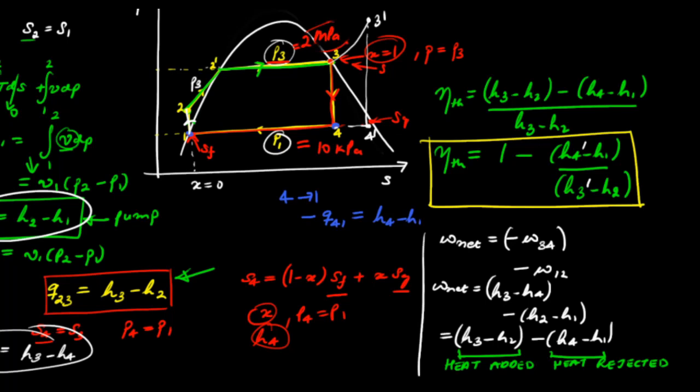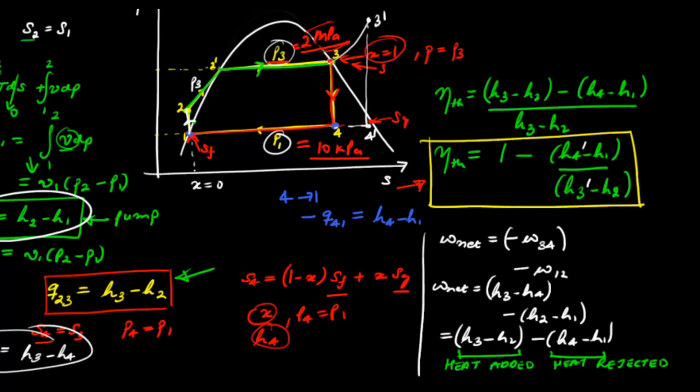If you are asked to calculate the efficiency of this basic Rankine cycle, that is 1 to 2, 2 to 3, and 3 to 4 and back to 1, and you are given that the boiler pressure is 2 megapascal and condenser pressure is 10 kilopascal, then that's all you need to know to determine all these states 1, 2, 3 and 4 the way we have described.